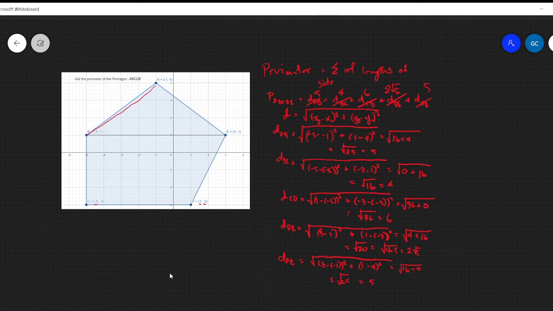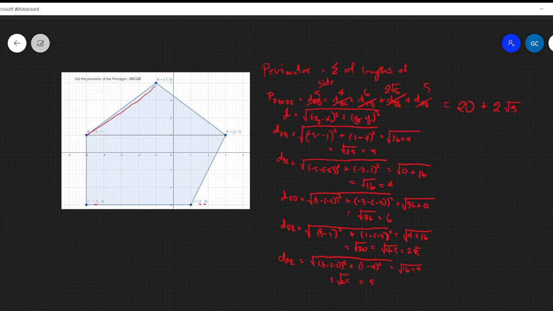So we just need to calculate the overall perimeter of our pentagon. The perimeter is 5 plus 4, which is 9, plus 6, that will be 15, plus 5, that will be 20. So this will be equal to 20 plus 2 square root of 5.